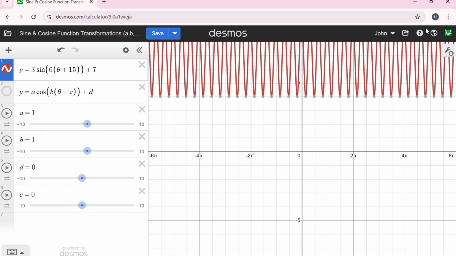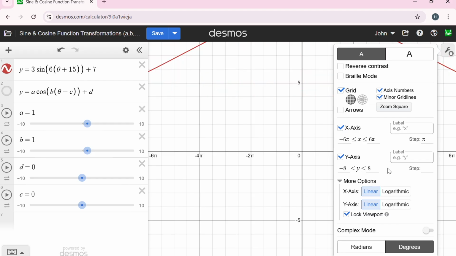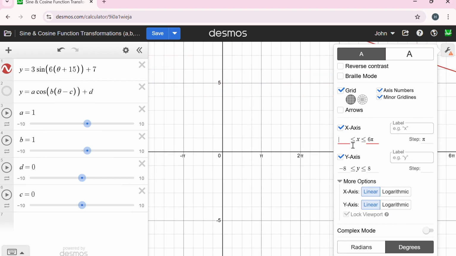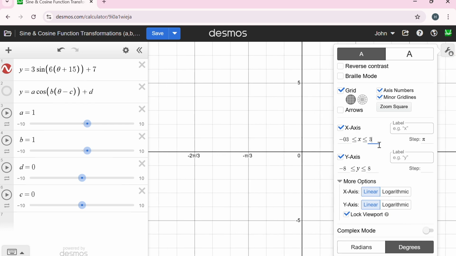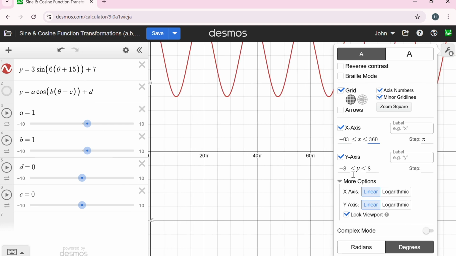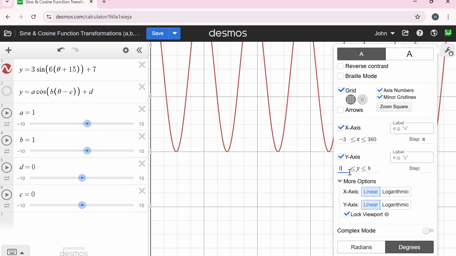I need to adjust my settings here. This is going to be in degrees. Let's go from negative 30 to 360, and then a low of 0, a high of 12.